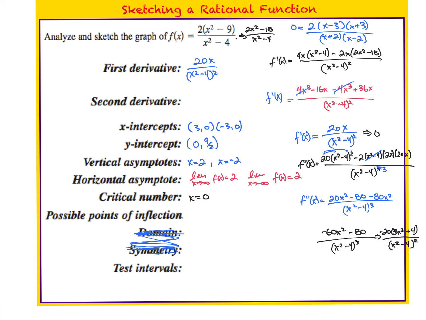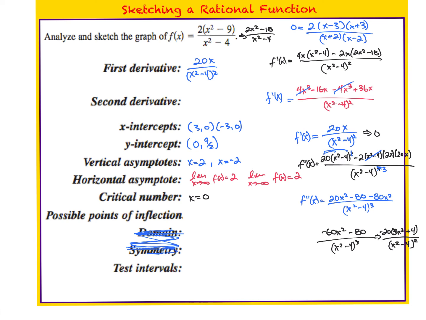Now, I'm going to try to find p-poise. So if I try to find p-poise, I set that equal to 0. Do I get anything? No, not in the real number system, so I don't get anything. Because the 3x squared plus 4 is always going to be what? Positive. So that's why I'd factor out the negative 20.